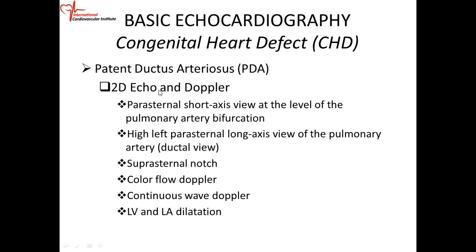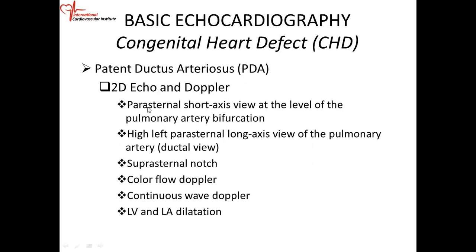So with your two-dimensional echo and Doppler, in the parasternal short axis view at the level of the pulmonary bifurcation, you can see flow going from the aorta into the pulmonary trunk. Remember, it's a communication between the aorta, usually where you have the left subclavian artery.